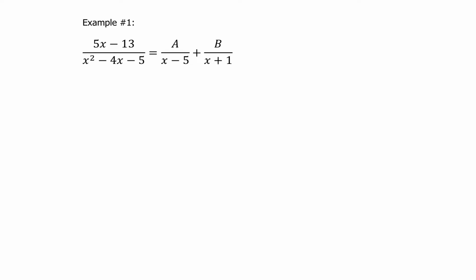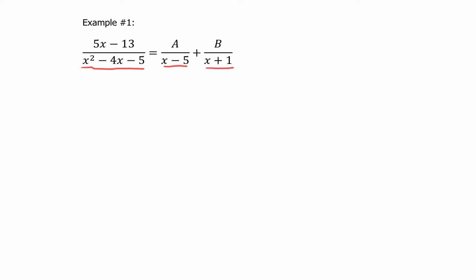Okay, so this is the first example that we're going to be doing. We should be seeing right off the bat that on my right side, I have this x minus 5 and this x plus 1. Those are the factors of my original denominator.